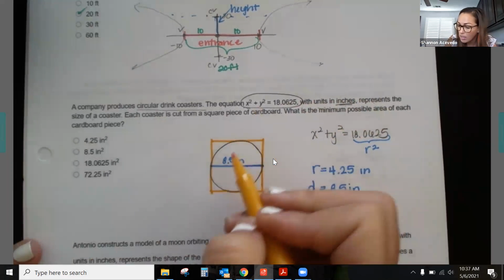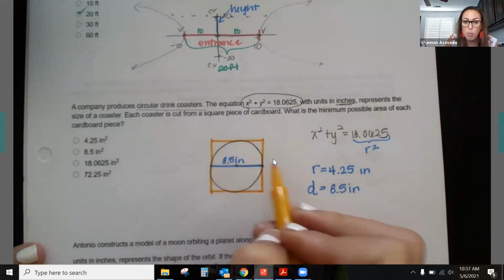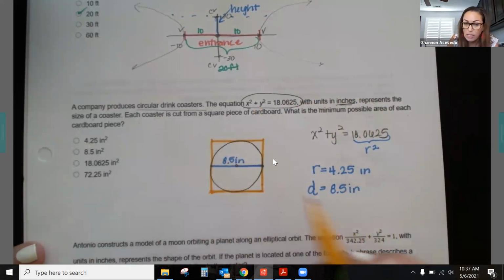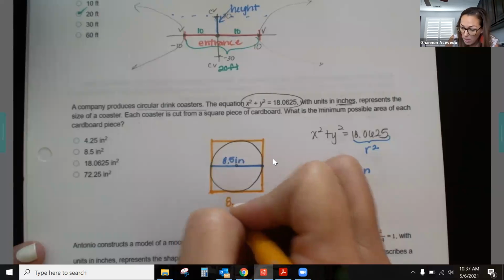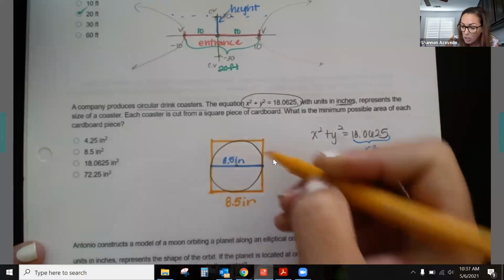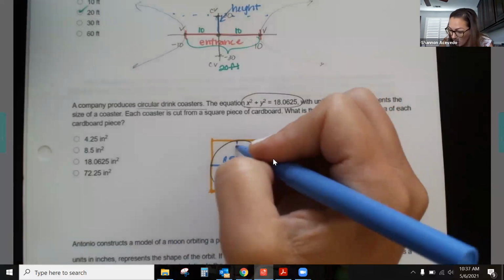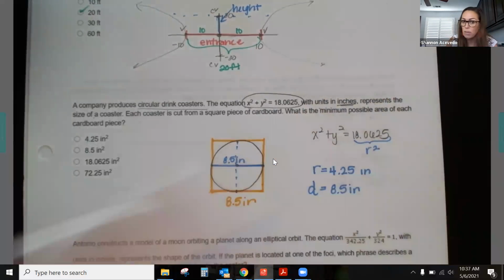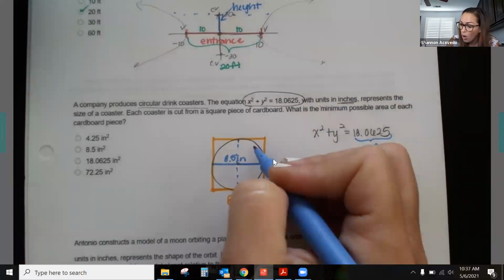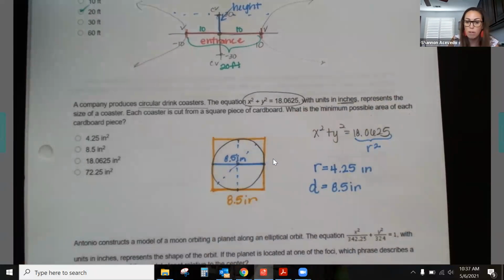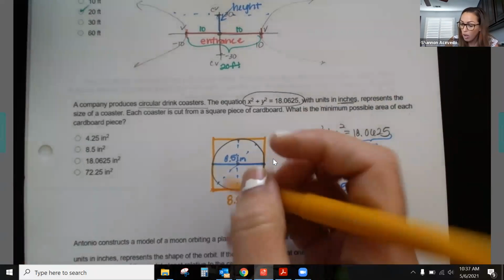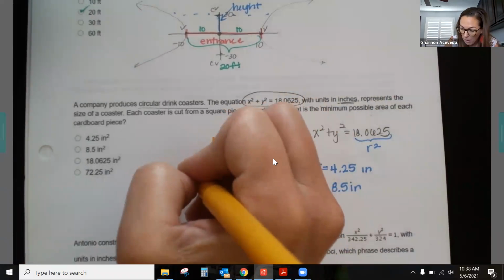So the whole question is, what is the area of this square piece of paper? Let me ask you this. If this across is 8.5, then this length right here has to be what? Yeah, it has to be 8.5 inches, and it's square. Especially because this is a circle, the diameter across is always going to be 8.5, it doesn't matter where I go. So that means this also is going to be 8.5 inches.